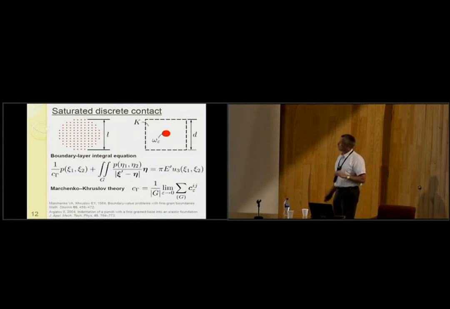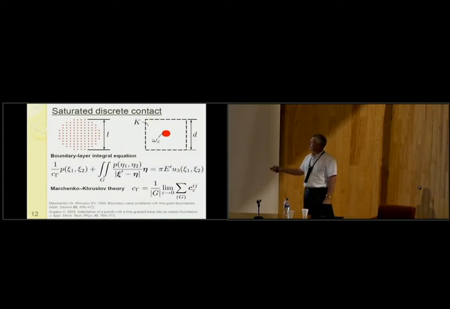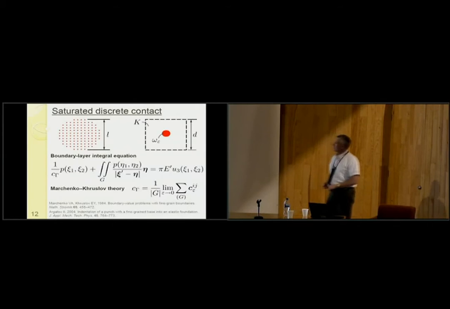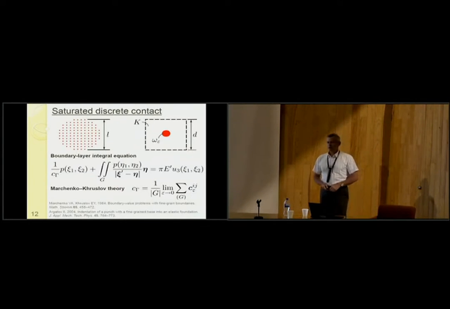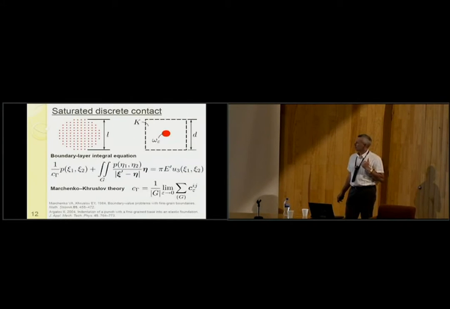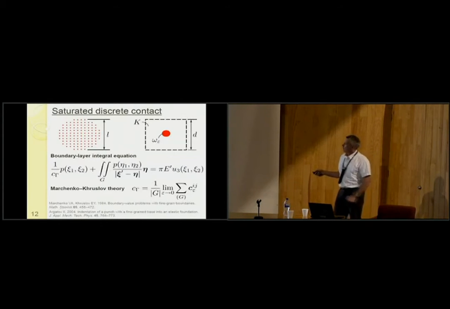And when we solve this problem, we arrive at this integral equation of the boundary layer. And this equation corresponds to the theory of Marchenko-Khruslov, Ukrainian mathematicians.